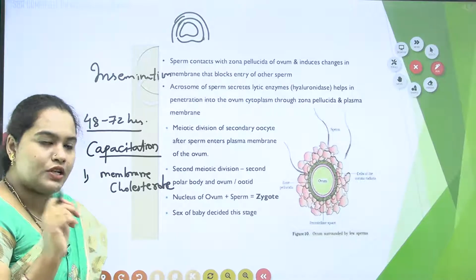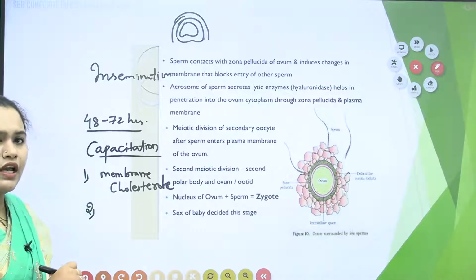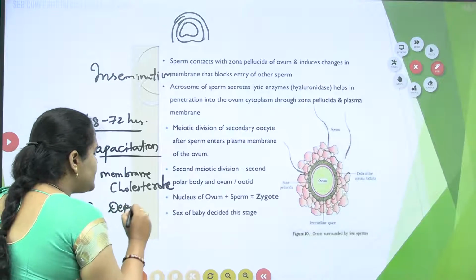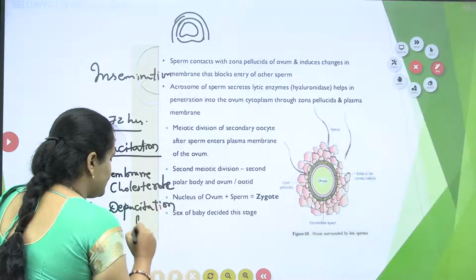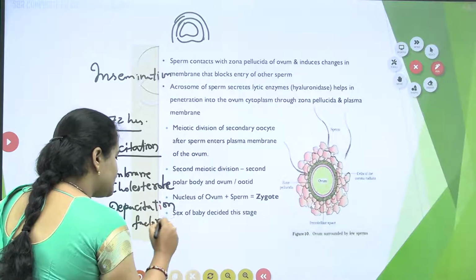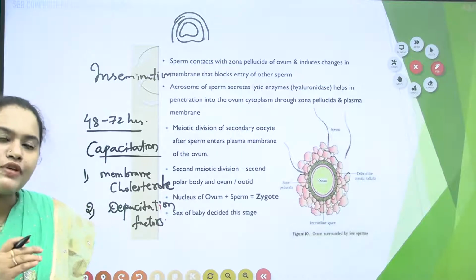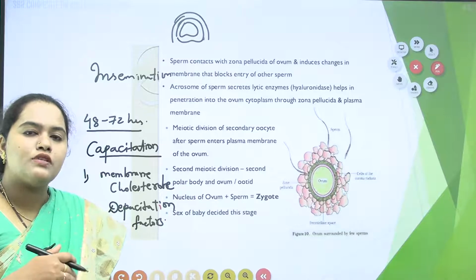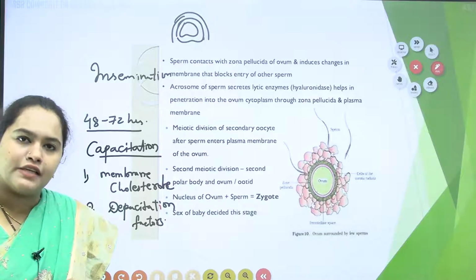The next step in capacitation is the dilution of decapacitation factors. Decapacitation factors are present in the seminal fluid of the seminal vesicles to prevent the sperms from getting activated in the male genital tract itself.